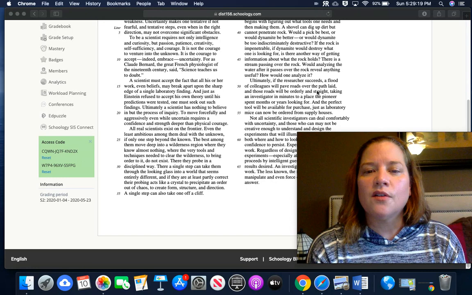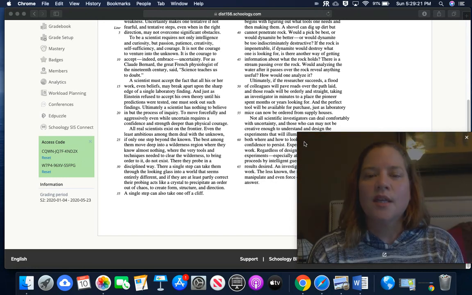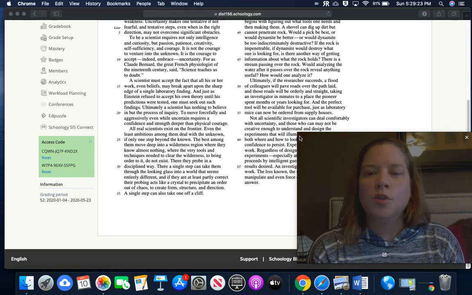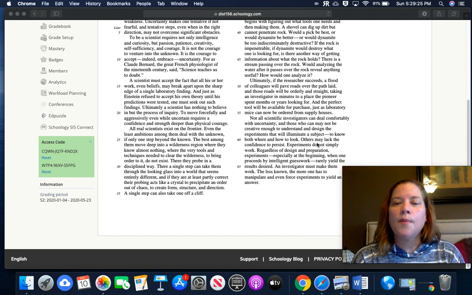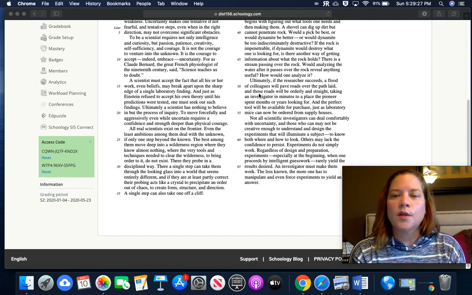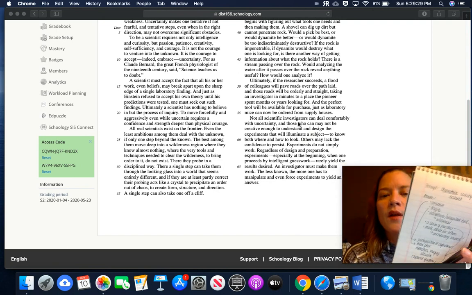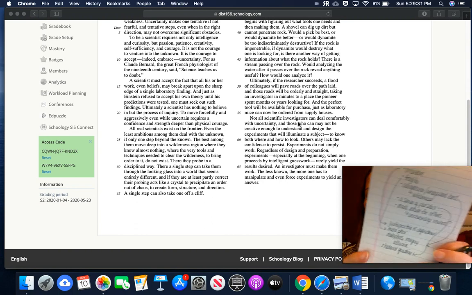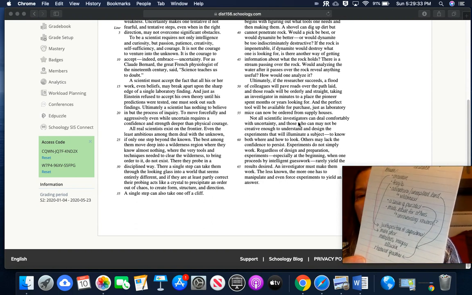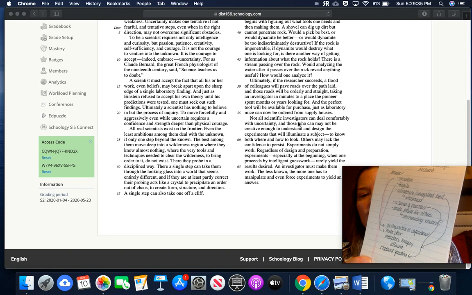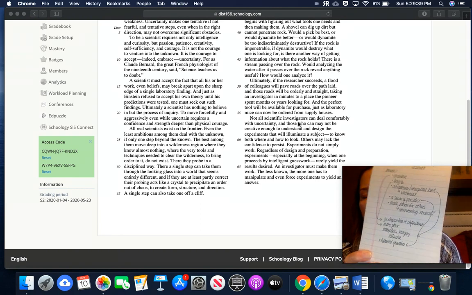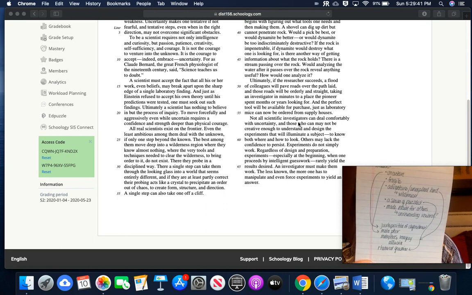Then we go into these last two paragraphs, which talk about how scientific research, this one in particular, a flood of colleagues will pave roads over the path laid. All those roads would be orderly and straight, taking an investigator in minutes to a place a pioneer spent months or years looking for. And that's an unrewarding reward.